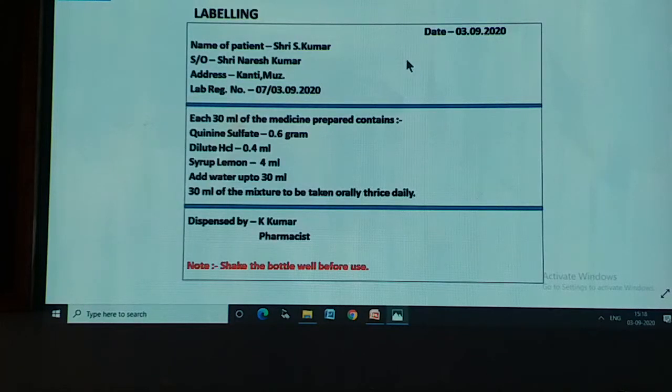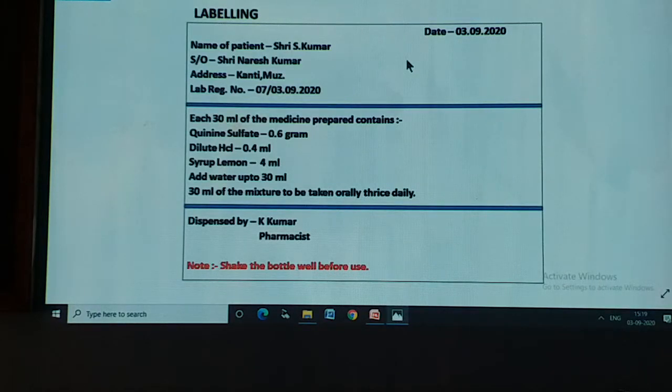Look at this table. Here labeling has been shown. You should know, it must be clear to you all, that labeling is not a part of prescription order writing directly. It is to be performed by the chemist or pharmacist.